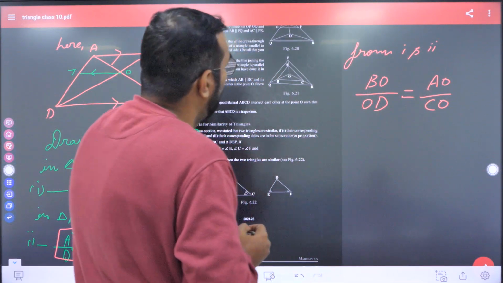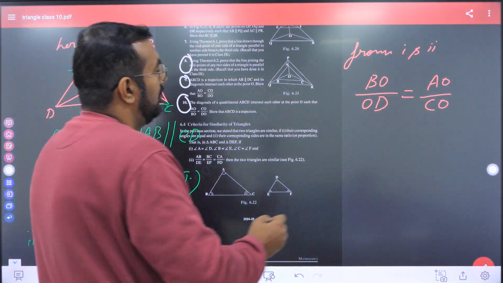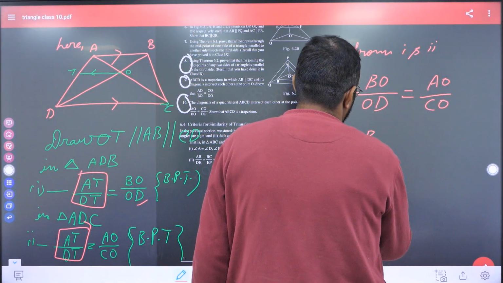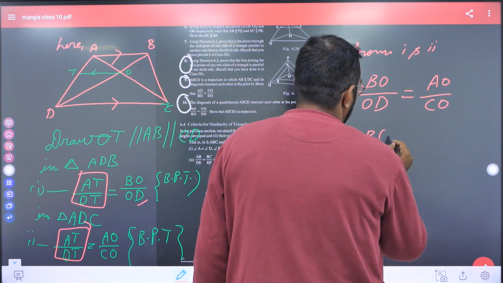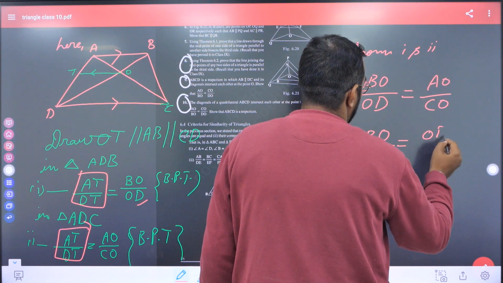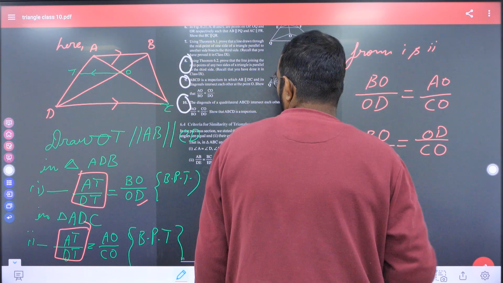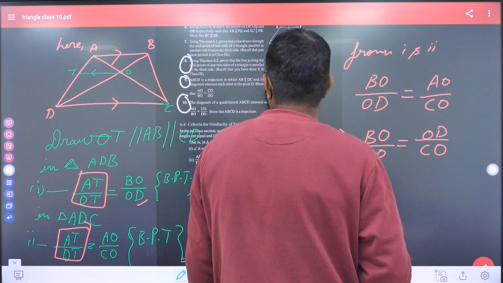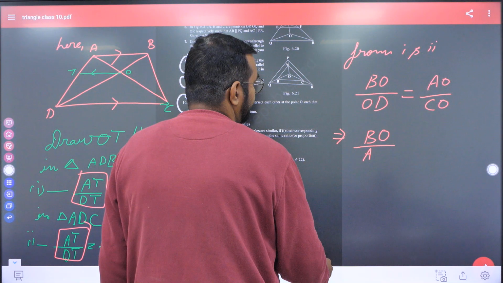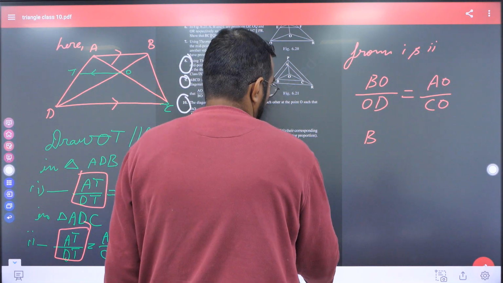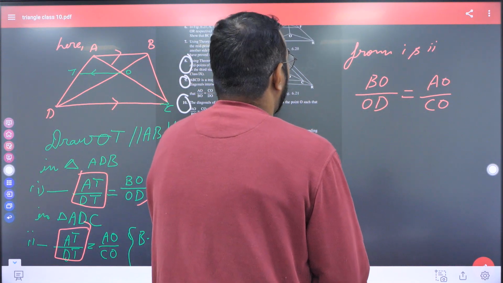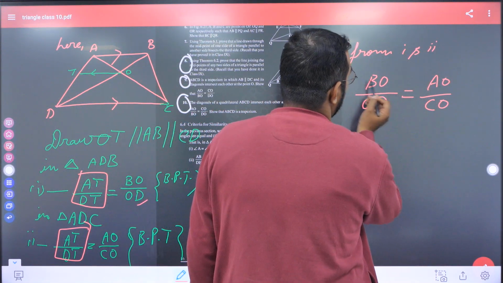Now we have to prove AO upon BO is equal to CO upon DO. By simply transposing it, you can get BO upon AO is equal to OD upon CO. Now transpose these two things only, okay?